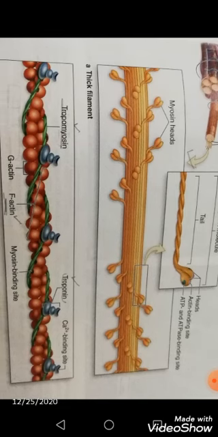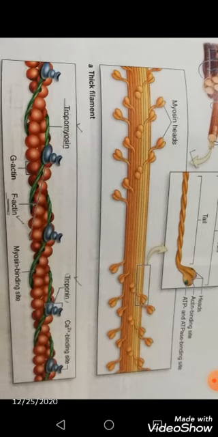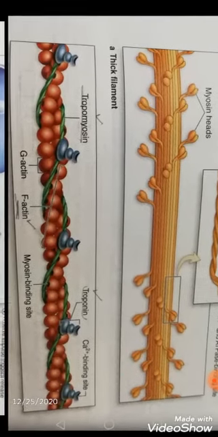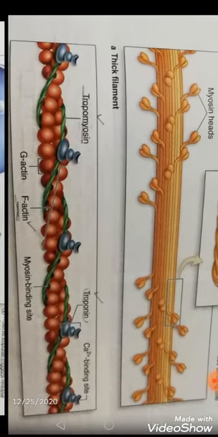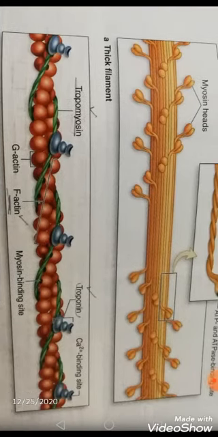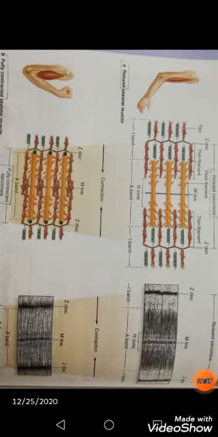And you can see in the lower picture that the actin filament also shows other proteins, tropomyosin, then troponin, and another larger accessory protein, namely titin. These are also present along with all this.